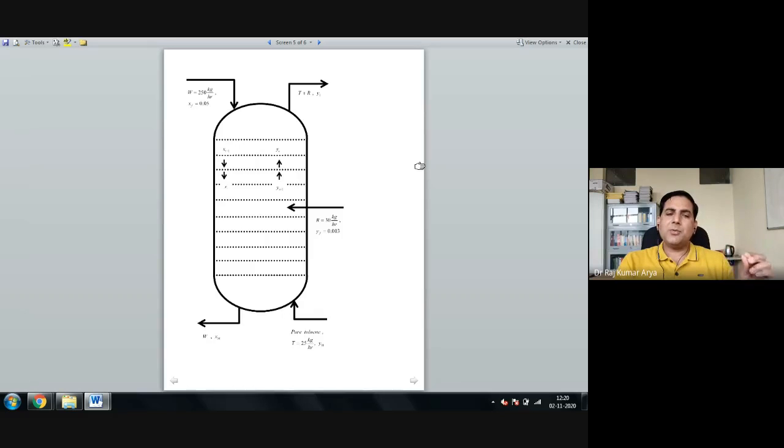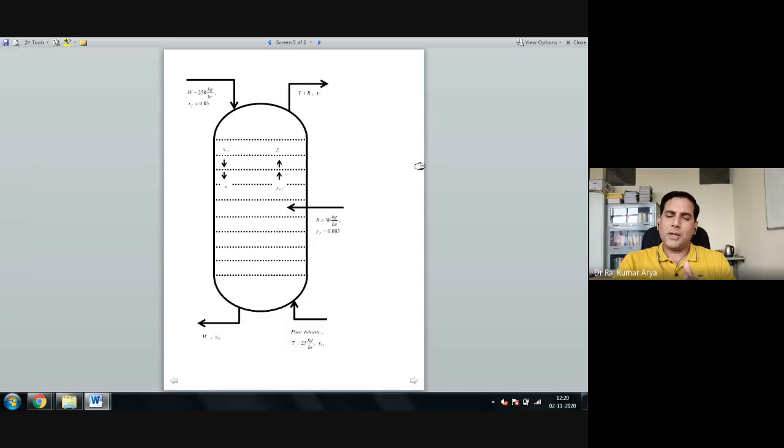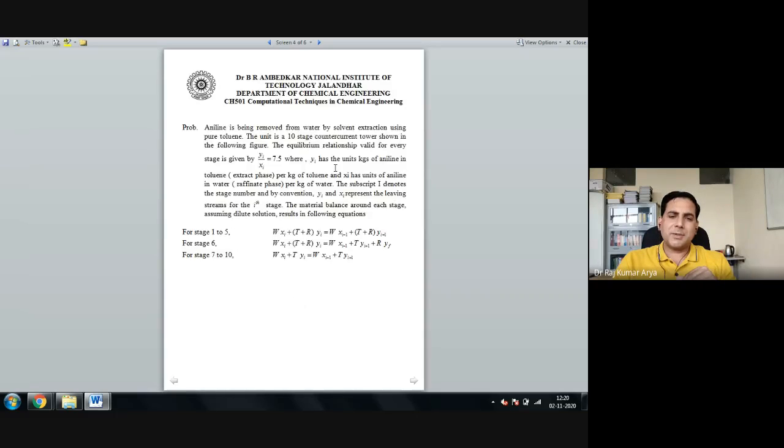Is it coming W plus X, W into X0 plus T plus R Y2 equal to T plus R Y1 plus W X1? Is it coming that much? Yes, sir. Okay. In the same way you can write it till your 6th plate. So up to the 6th plate, this equation will remain the same. You can convert i and j later, how to do it. So this is the part.